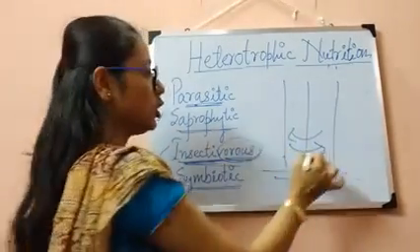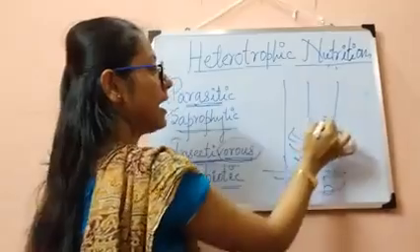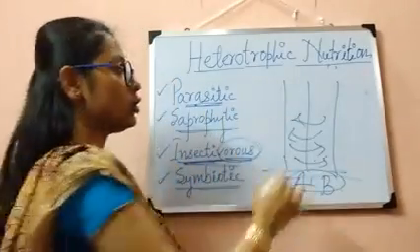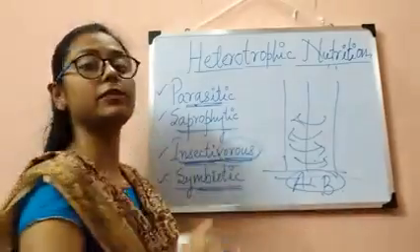In this case, both get benefits from the other. So A helps B and B helps A. Both get benefited from each other. So this is a symbiotic relationship.